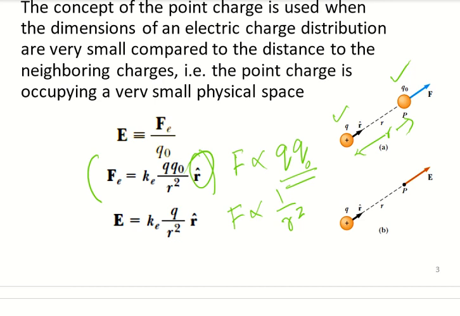There is a related concept that we now call the electric field. Instead of discussing forces directly, we go into the terminology of the field.